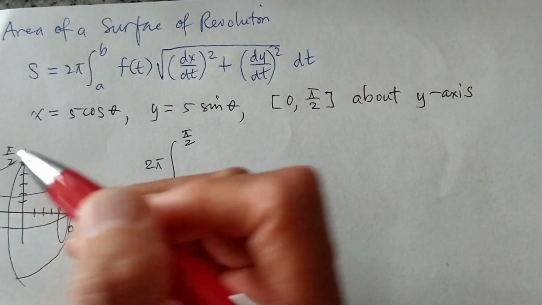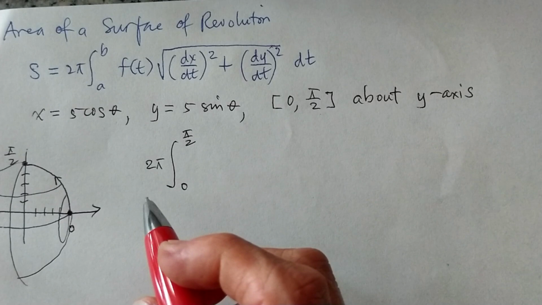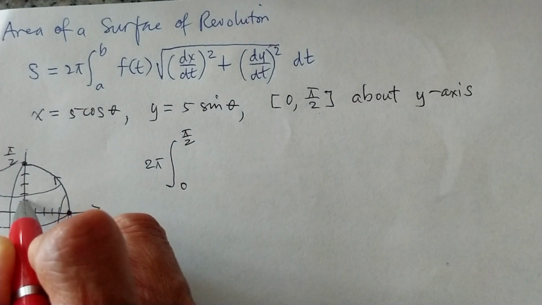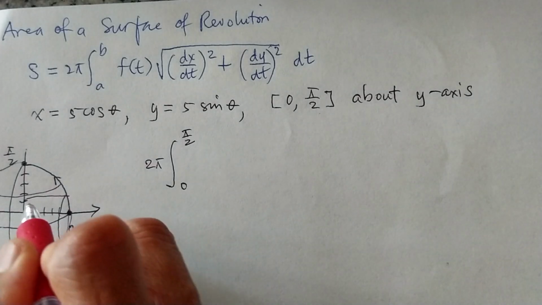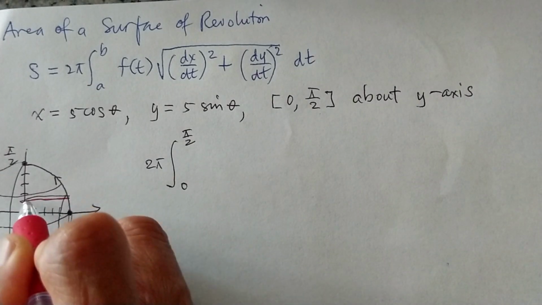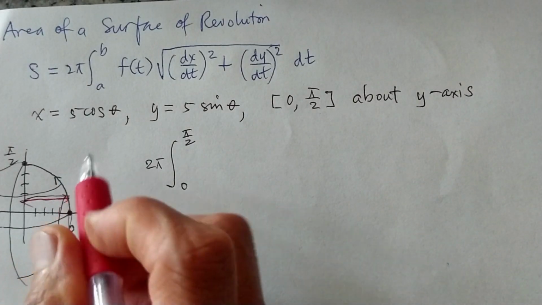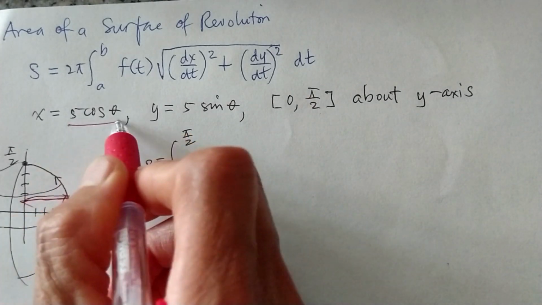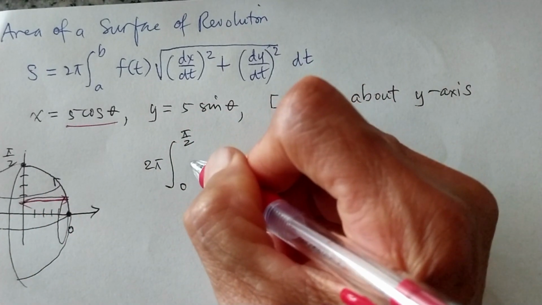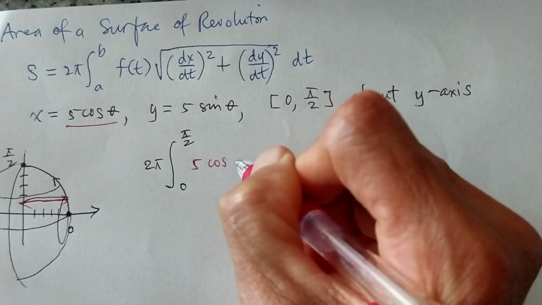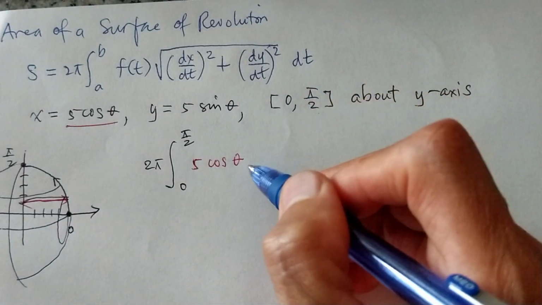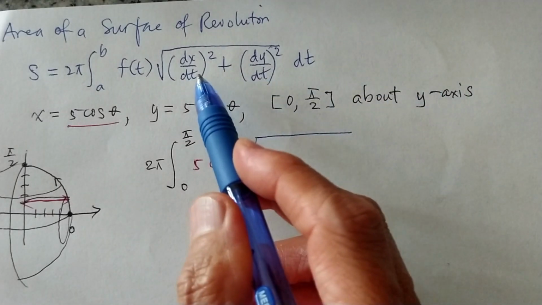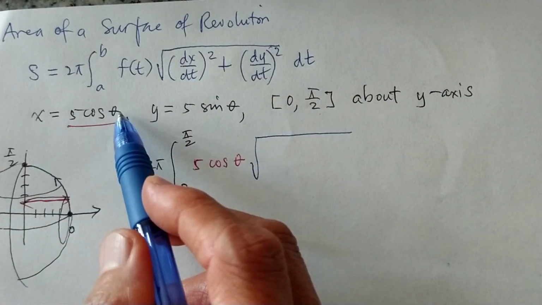there you go. So in this case, the radius is given by this. That's the radius, okay? And that is determined by your x of theta. So that's going to be 5 cosine theta times the square root of the derivative of x with respect to theta.